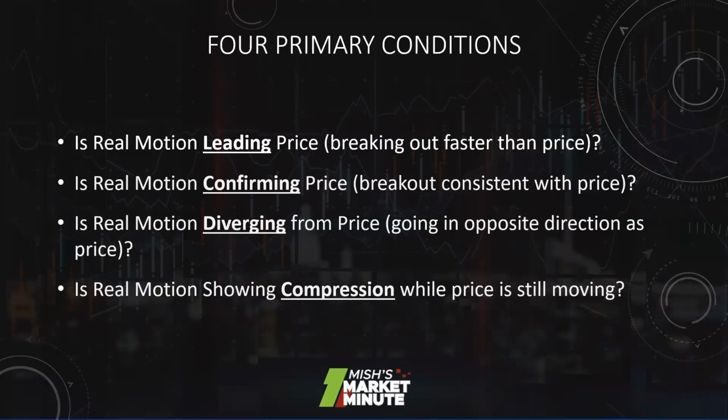If it's confirming, it's going to give you much better odds to follow the current price trend if it's also breaking out. The other thing is you want to find out, is real motion diverging from price, going in the opposite direction, or not able to make new highs if price is making new highs.